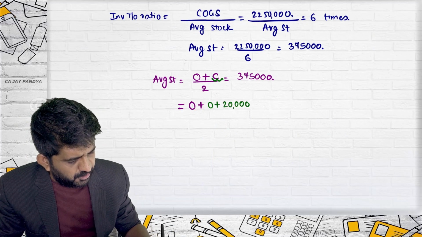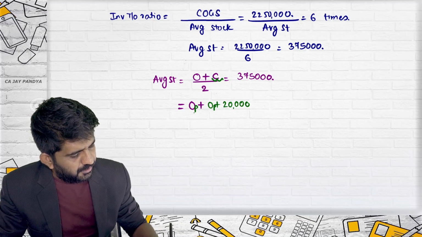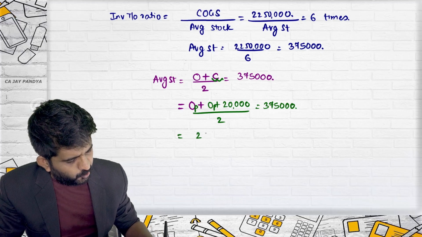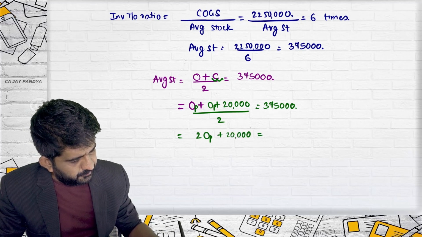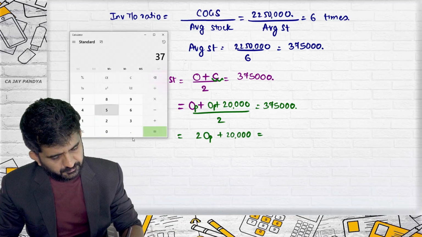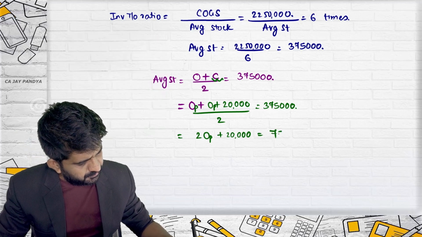This is opening, plus 20,000, divided by 2 is equal to 3 lakh 75,000. So 2 opening stock plus 20,000 will be 3 lakh 75,000 into 2, which is 7 lakh 50,000.